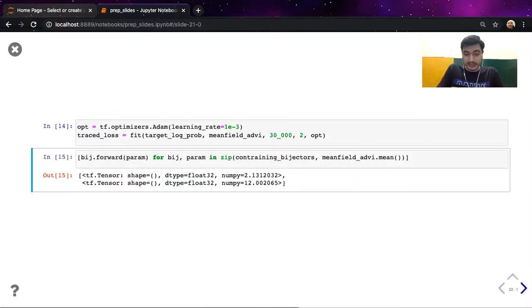Since the approximating distribution we were posing for the posterior is actually in the unconstrained space, we do need to put up our bijectors again for the samples to actually match whatever we had earlier. So we started off with mean as 12 something and standard deviation for the normally distributed data as 2 point something. And I think we have successfully modeled them with a good amount of accuracy using variational inference and mean field assumption.